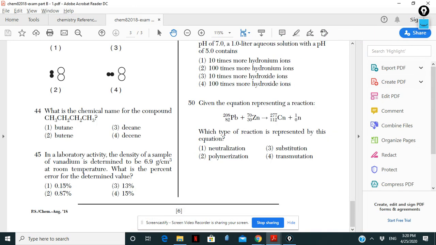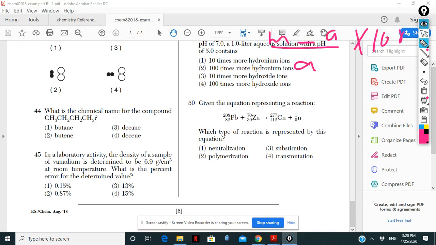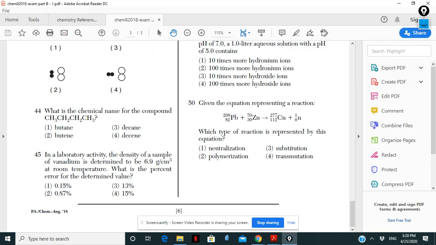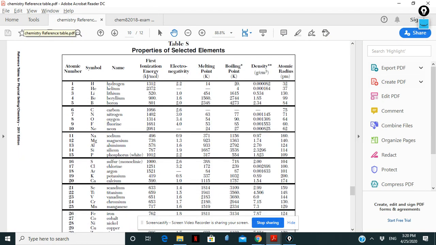In this question, he's giving me the measured, which is 6.9, so I have to find the accepted. The accepted, I can find using my reference sheet.